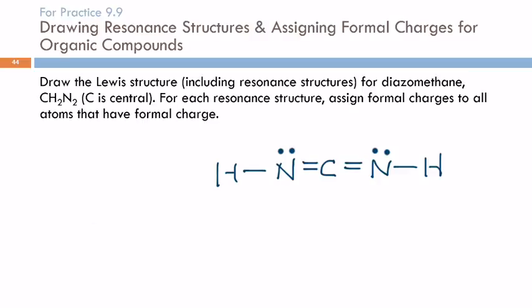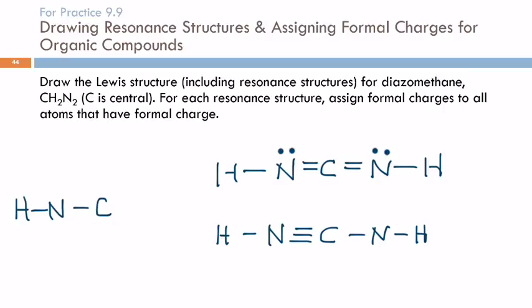Yeah. But we've seen other ones where we had 2 double bonds, and we saw that we could also do a single and a triple instead. So let's write those. Let's do a triple on that side and a single on this side, and a single on this side and a triple on that side.